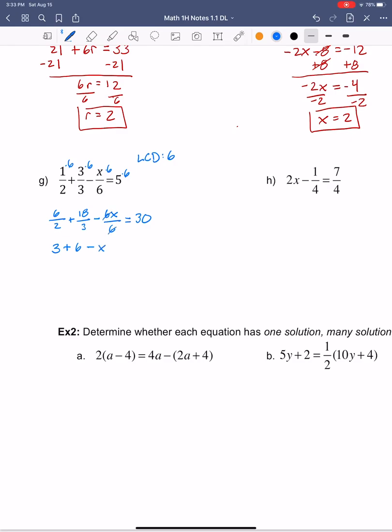Just leave me minus x equals 30. And now I have no more fractions, right? Because I multiplied by that LCD, and I'm ready to solve for x. So 3 plus 6 is 9 minus x equals 30. I'm going to subtract positive 9. And I get negative x equals 21. I still need to get rid of this negative sign, so I'm going to divide by a -1 to both sides. And negative and negative is now positive x equals negative 21.